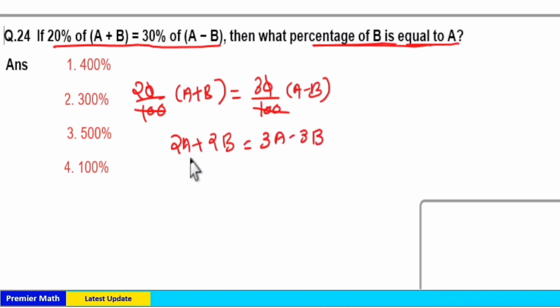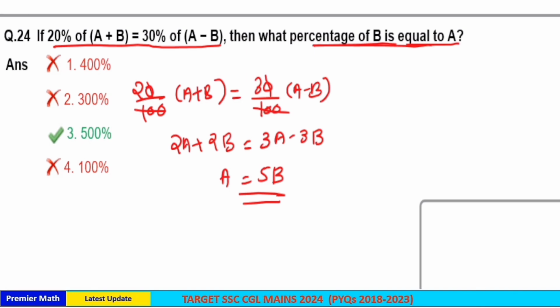From this, 3A minus 2A is A, 2B plus 3B is 5B. So A is equal to 5 times B, means A is 500% of B. Option 3 is your answer.